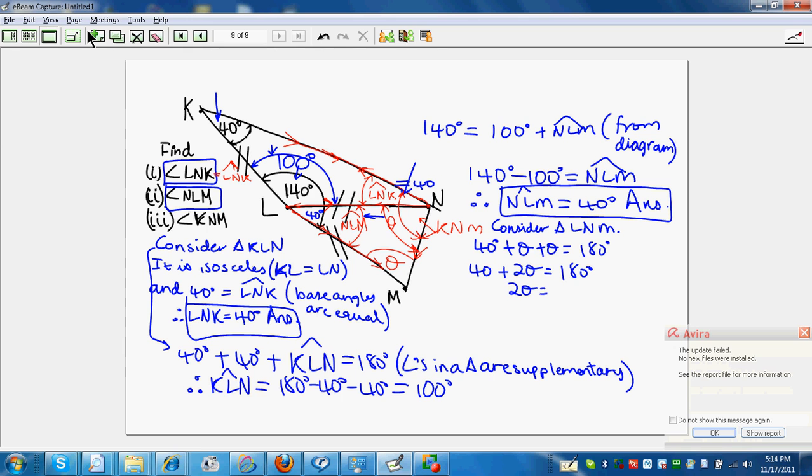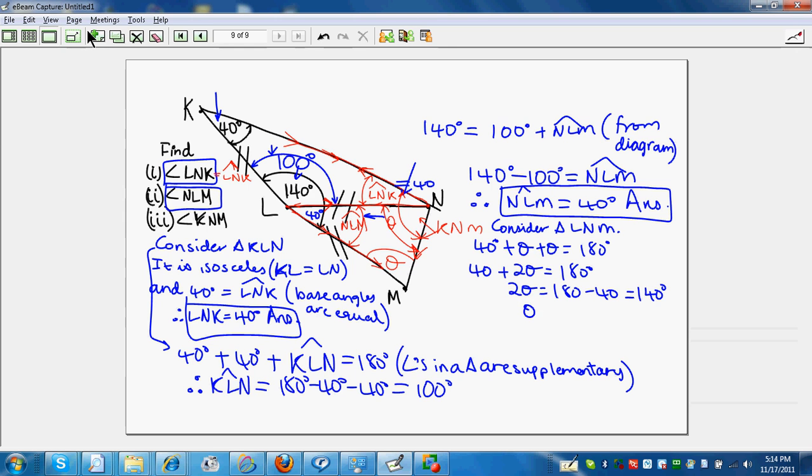Therefore, 2 theta will be equal to 180 minus 40. 180 minus 40 is 140. And therefore, we could get theta by saying 140 over 2, and that will be equal to 70 degrees. So if we know theta here is 70 degrees, then we could find the angle KNM by recognizing that KNM will be LNK plus theta, which is 40 plus 70, 110.